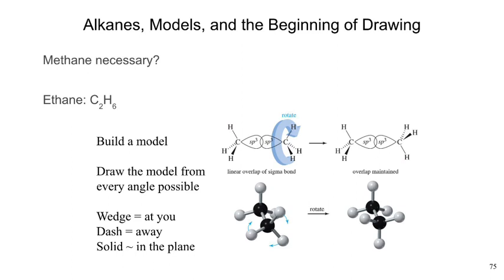So if we were to go through and take a look at this, what this is now asking us to do is take that model, and now instead of looking at it from the side where you see both carbons, is to turn it. Turn it so that you look at it end on where you only see one carbon. Okay?